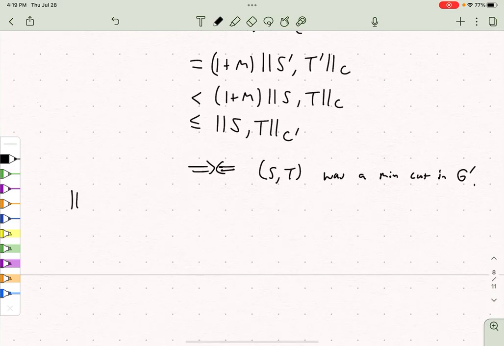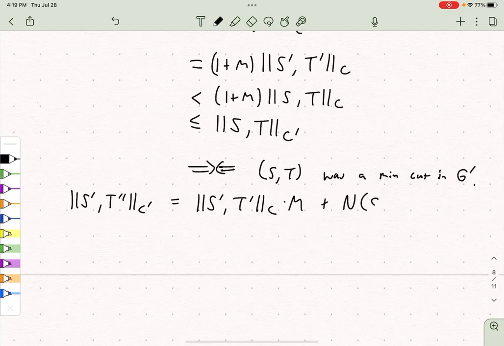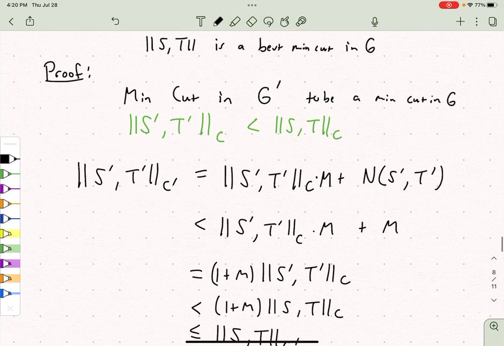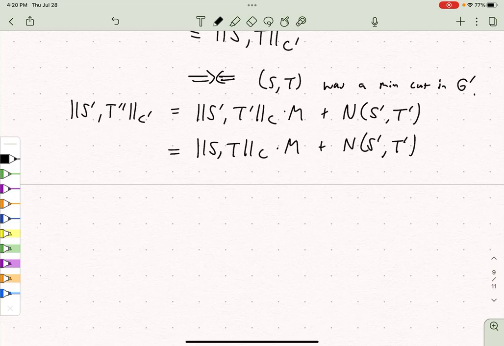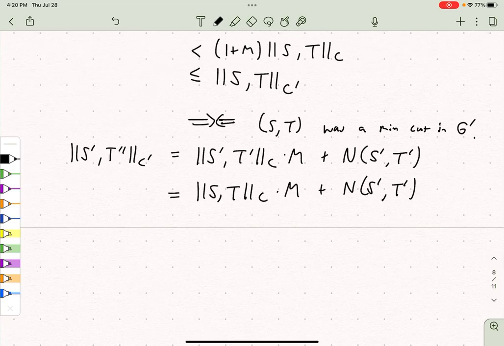So now we have S prime, T prime, and C prime. Well, this is equal to S prime, T prime, and C times M plus some N. And now we're assuming that we already proved that this is actually a min cut in G. And so, well, this is the same as ST, C times M. Now, by assumption, we're assuming it's a best min cut, so this has to be smaller.